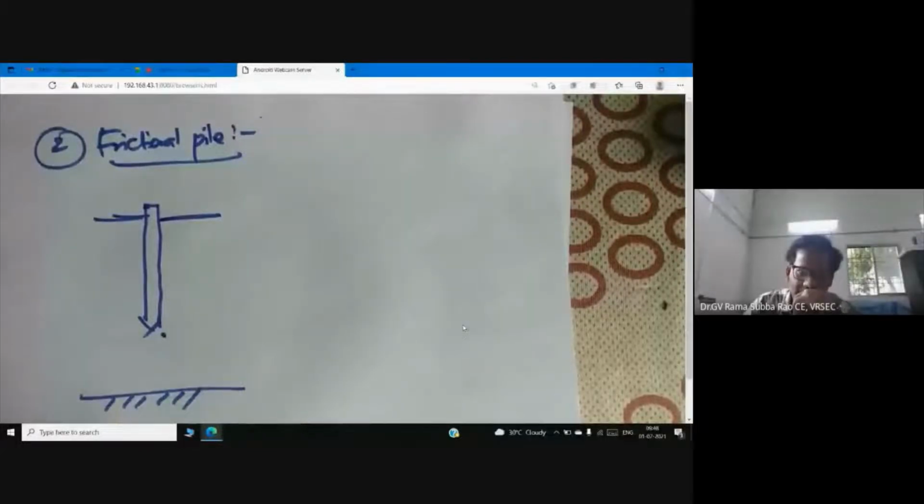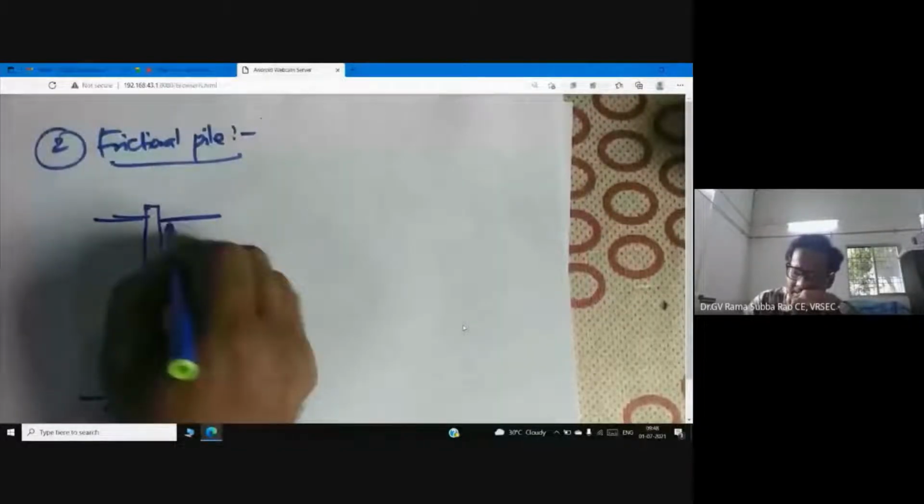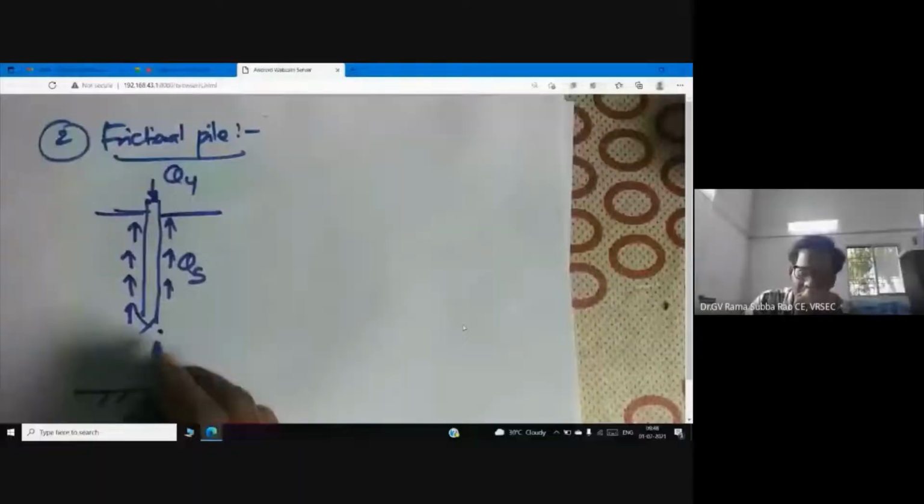Now you see, the majority of the load, the ultimate load QU carried by the pile, is now equal to QS. The contribution from end bearing is less because the diameter is very small per pile.